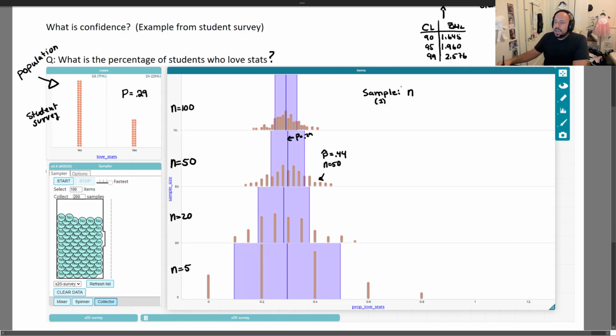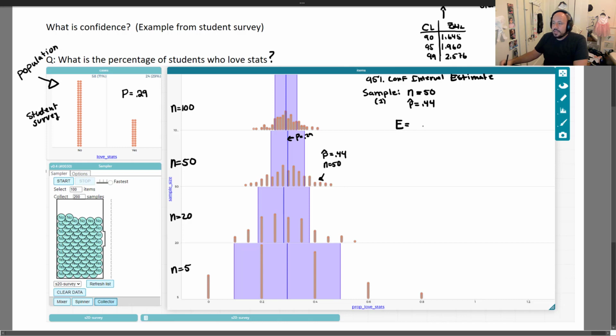What I'm going to do is create a 95% confidence interval estimate. Once again, when we did this before, we had n equals 50, we had p hat equals 0.44, and we went through our margin of error formula.